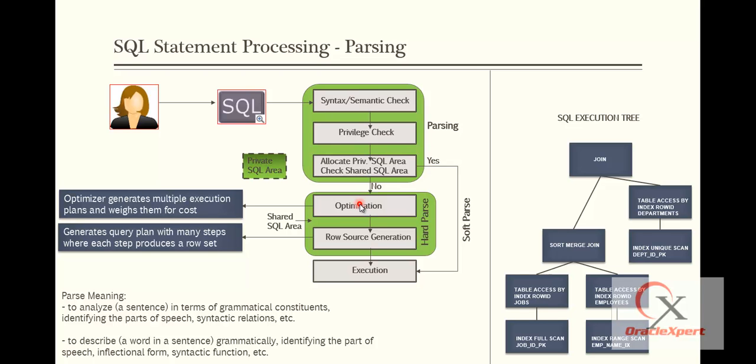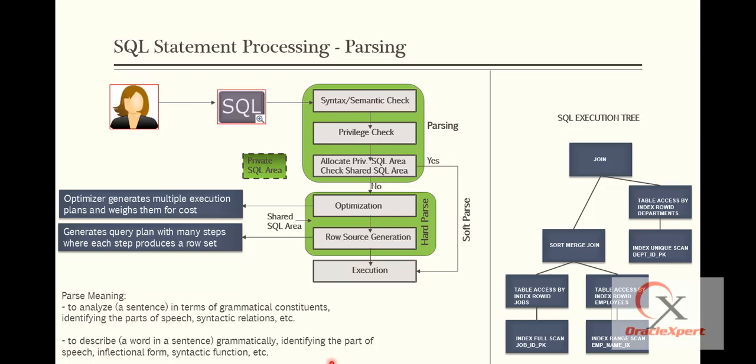So obviously the next thing would be to understand what exactly happens in the optimization phase. So the SQL optimization phase, which is part of your hard parsing, happened because there was a library cache miss, because your hash value could not be located in the shared SQL area namespace of your library cache.